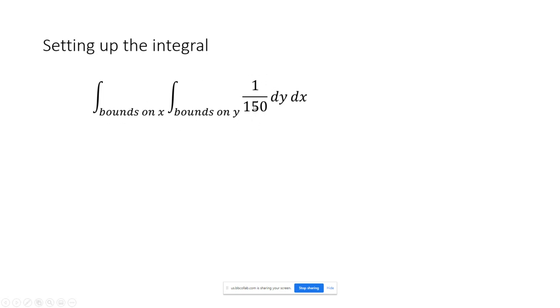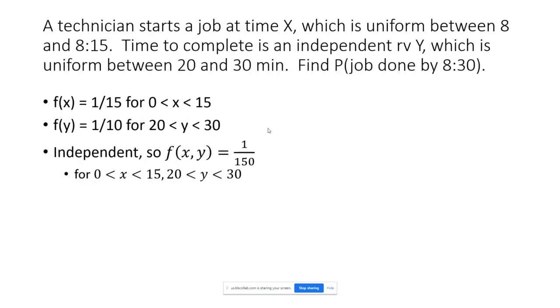And then we're going to integrate our joint density function over those relevant values of x and y. Try sketching the region that satisfies the condition we're interested in. So the region that corresponds to the job being done by 8:30.